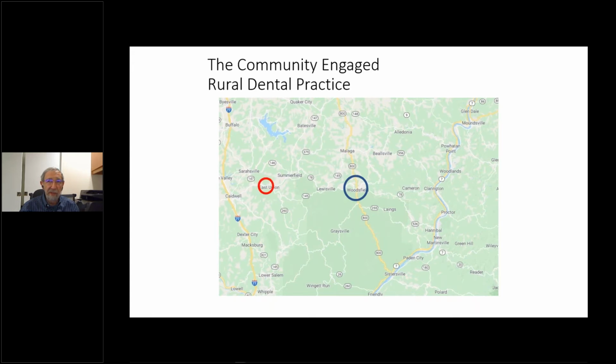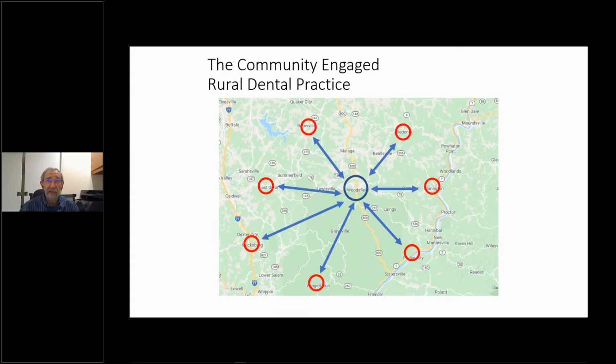But if you start to think about having a member of the team be in this other little community that's 50 miles away, or 30 or 60 miles away, maybe they're there a day a week and another place a day a week, maybe a couple of different team members in these other communities, and they're collecting records, the dentist is doing the exams, they're keeping a lot of people healthy. Some people need to go into the dental office to get some work done. Now you actually have a viable dental office in a site where you didn't have a viable dental practice before. So it's just one of many, many examples.